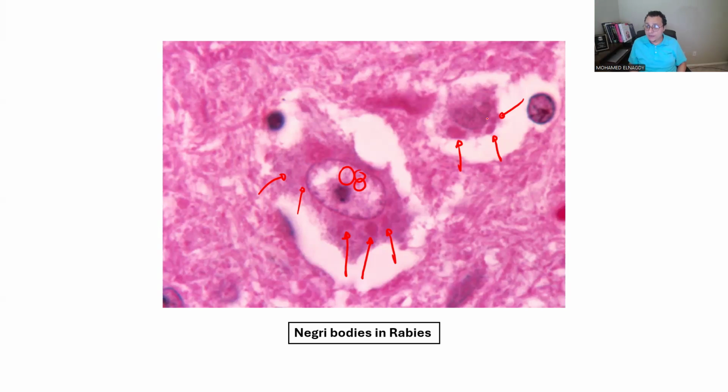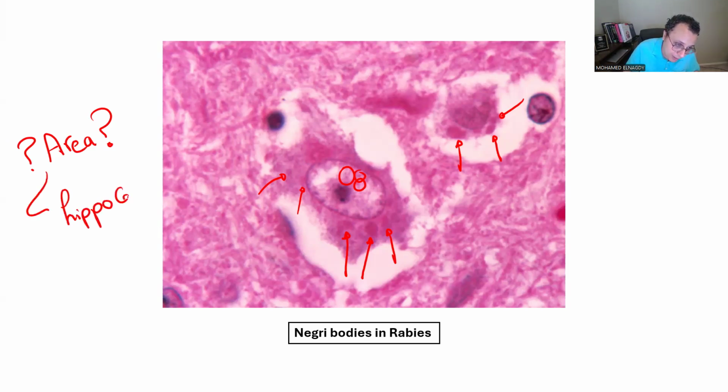What's the most common area in the brain which gets affected by the rabies? Basal ganglia? Nope. Hippocampus. Yeah, exactly. The most common area which gets infected is usually the hippocampus.